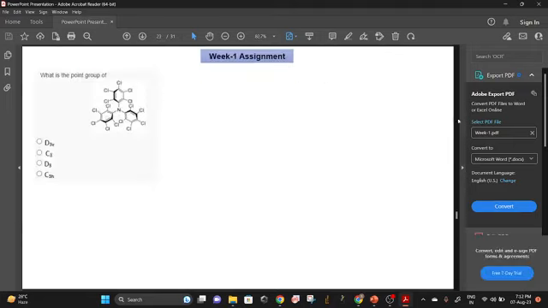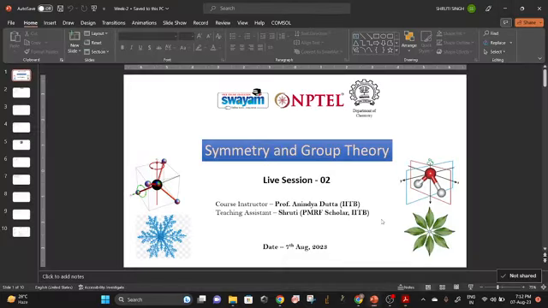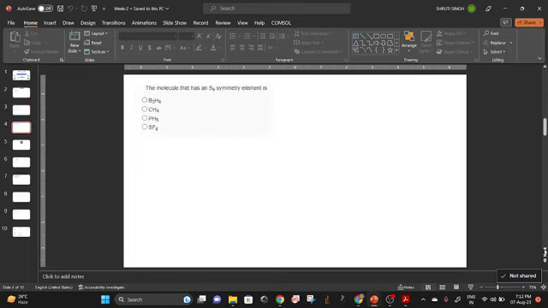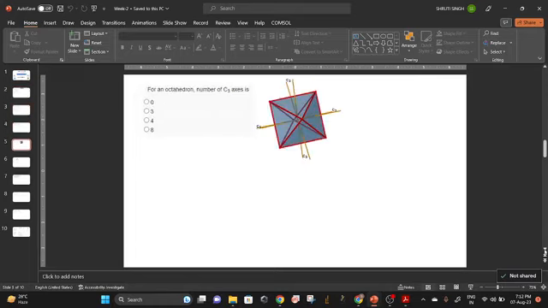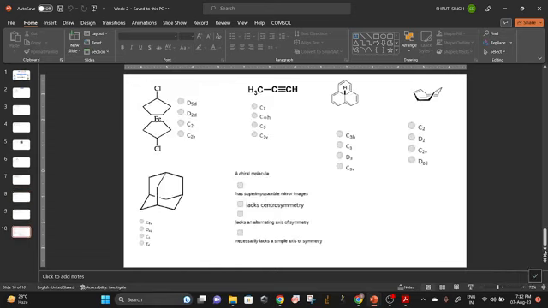Now coming to the week 1 assignment questions. In this whole assignment we have to find the point groups of the given molecules. All the questions are like that only.